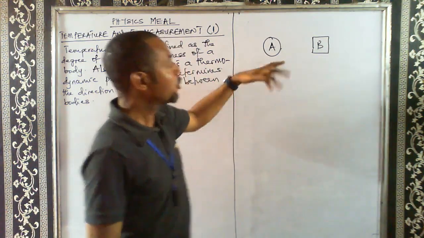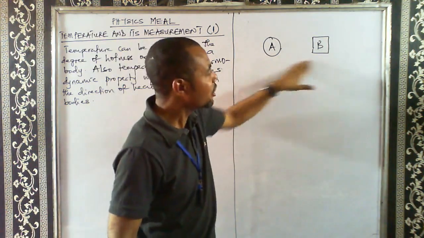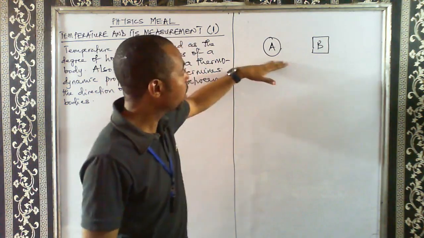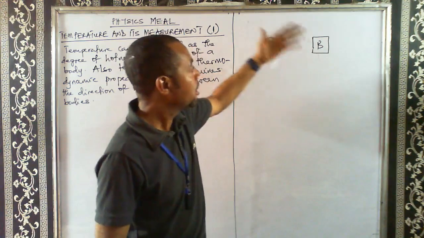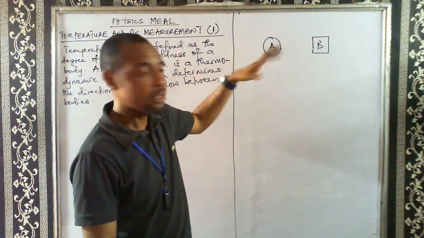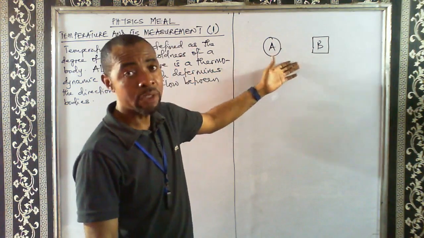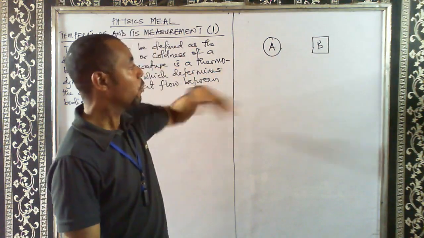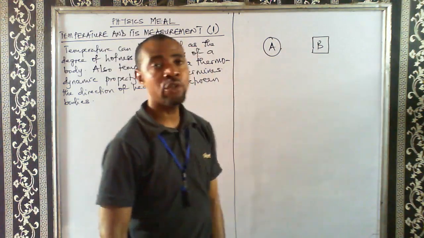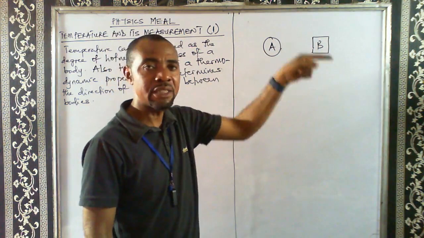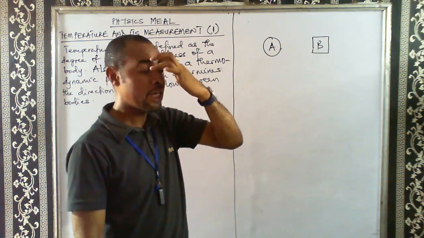So because the factor is not here, we cannot actually know the direction of heat flow as we are looking at body A and body B, they are of different temperatures. The temperatures of body A and body B were not indicated here. So we cannot really know the direction of heat flow until we know their temperature. So temperature is a factor that determines the direction of heat flow.